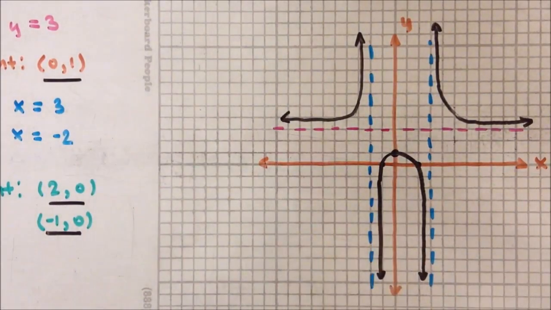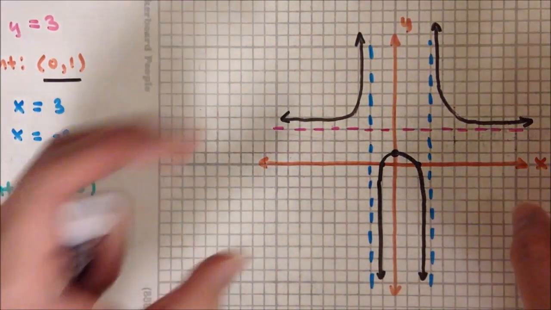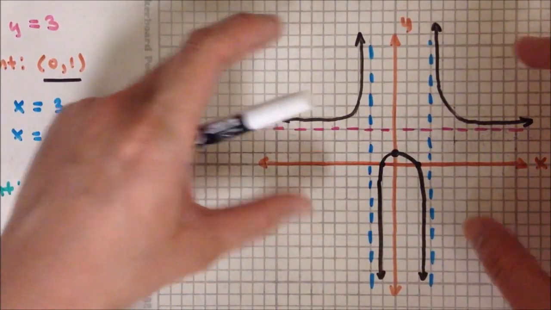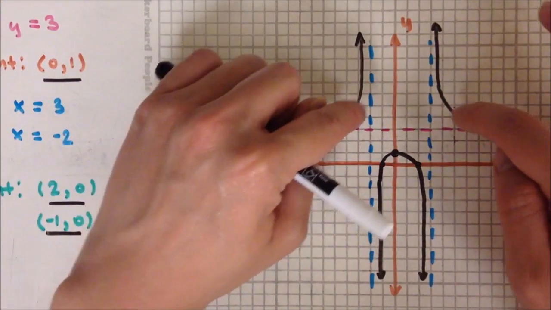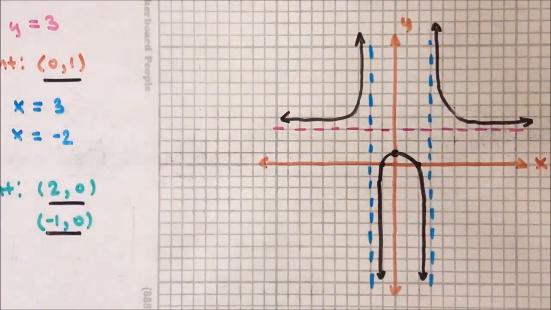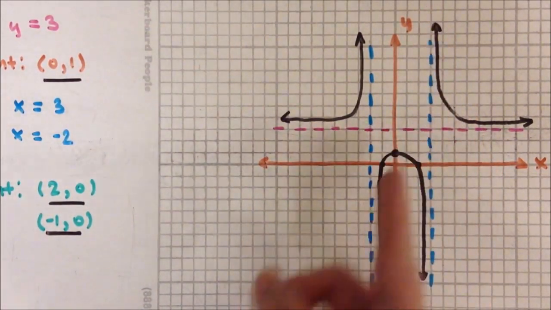Now let me clarify something. The left and the right graphs don't cross nor touch the vertical asymptote and the horizontal asymptote. For the one in the middle, the one thing that it never touches is the vertical asymptote. But sometimes, and I do recommend that you make a note, the middle graph can go through the horizontal asymptote.